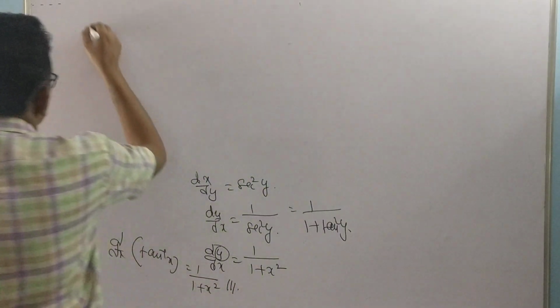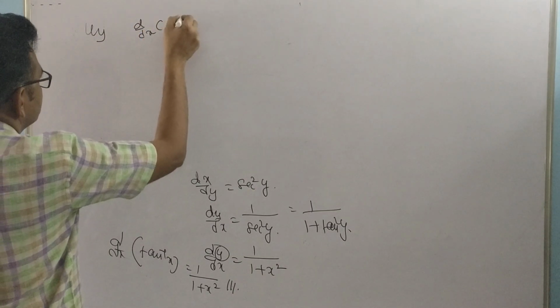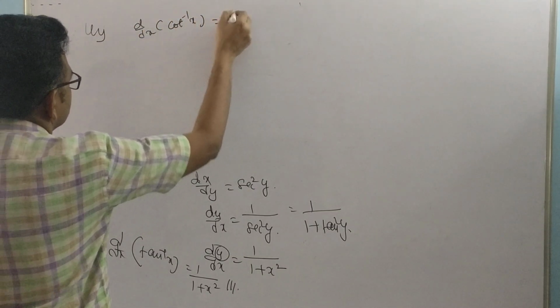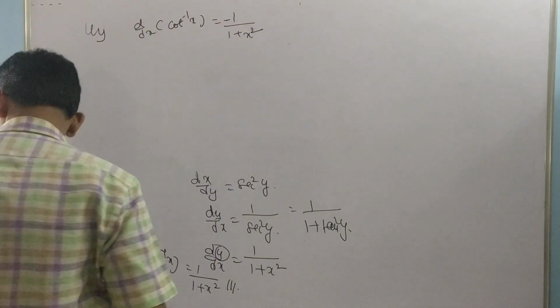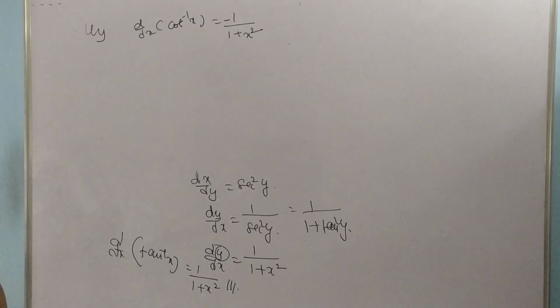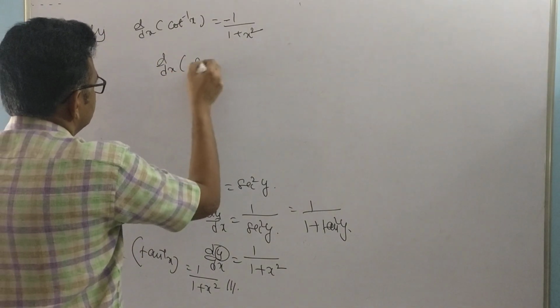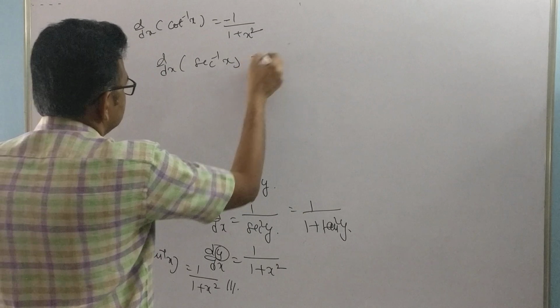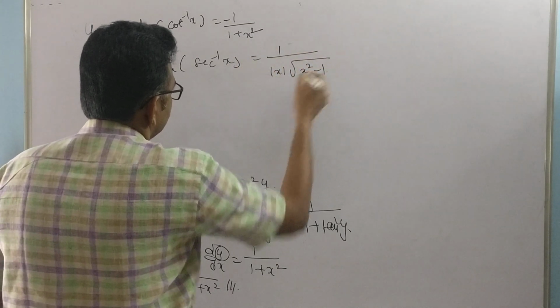So similarly, derivative of cot inverse of x is equal to minus 1 by 1 plus x square. And the derivative of secant inverse of x is equal to 1 by mod x into root of x square minus 1.